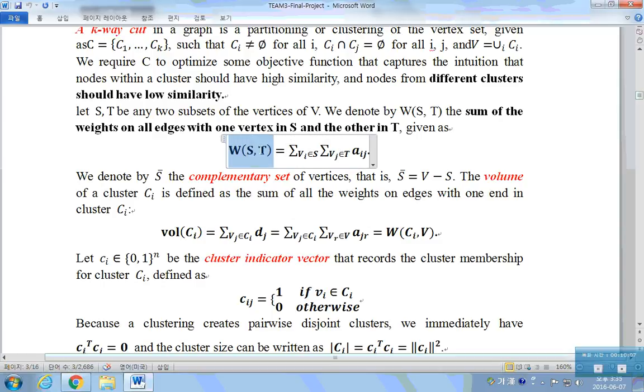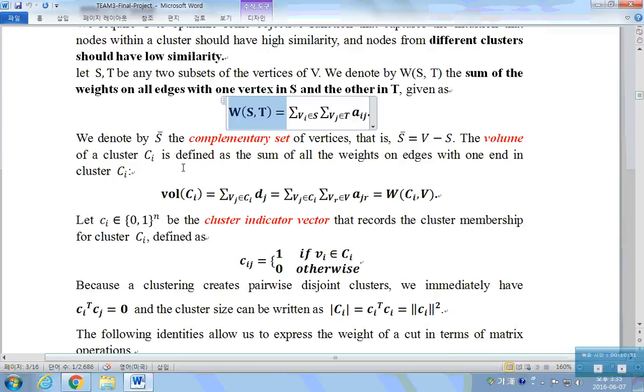And here is some definition for the weight between two vertex sets: one vertex from S, one vertex from T, and we take a summation of the weights of those edges, which gives the weight between the two sets.